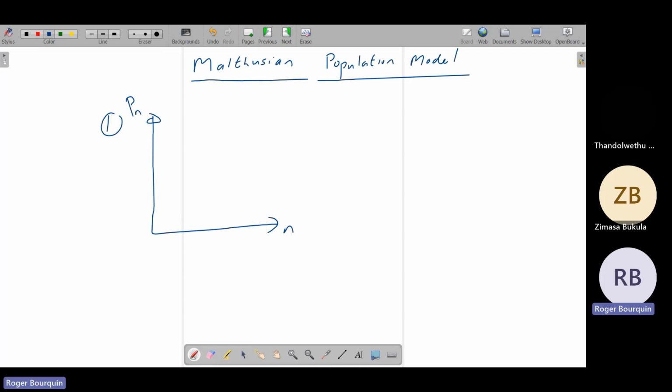In stats, we had continuous models and we had discrete. These are all discrete models. So strictly speaking, when we draw graphs, they should really be made up of dots, right? Our starting point, our initial population, we always describe as P0. P0 is your starting point in the population.